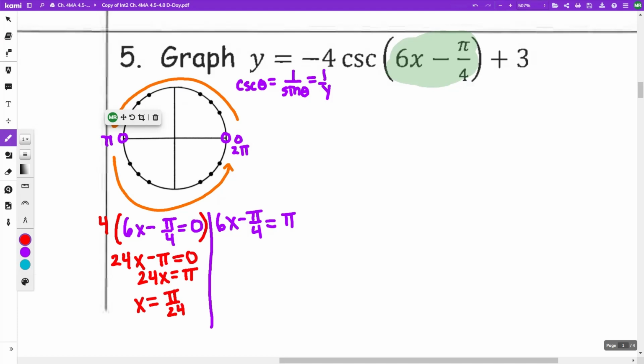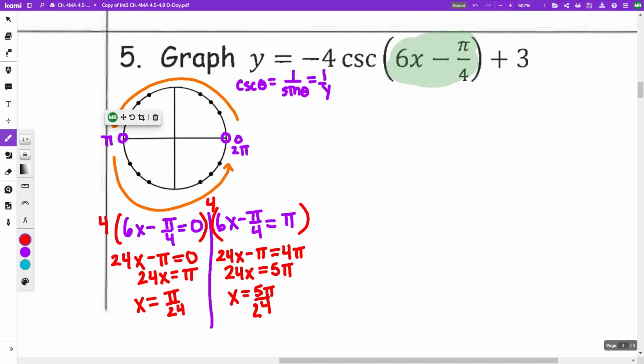So I'm going to plot. Now this one here, I'm also going to times by 4. So I'm going to get 24x minus pi, when I times that by 4, is equal to 4 pi. So I'm going to get 24x is equal to 5 pi. So I am going to get 5 pi over 24. Now at this point, I can see that I'm adding 4 pi over 24.